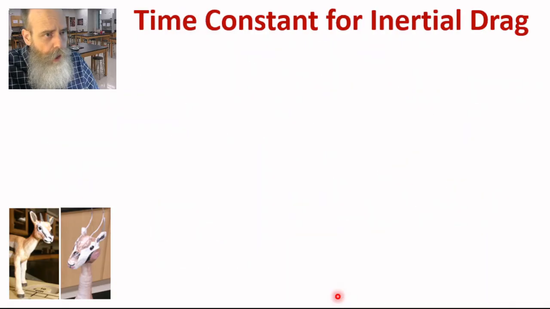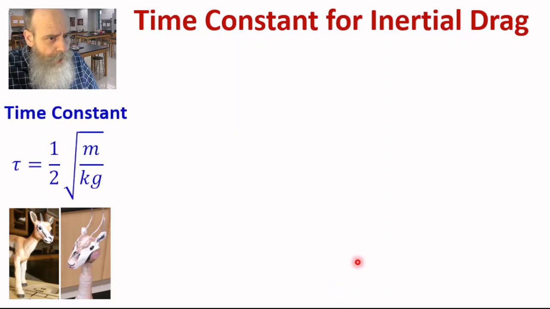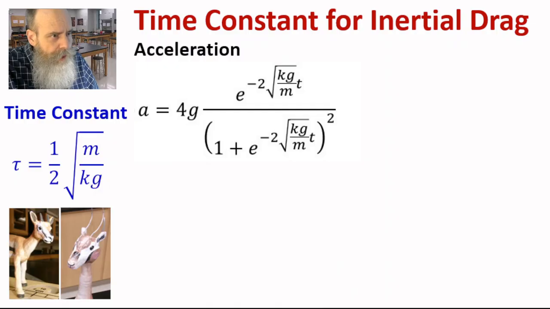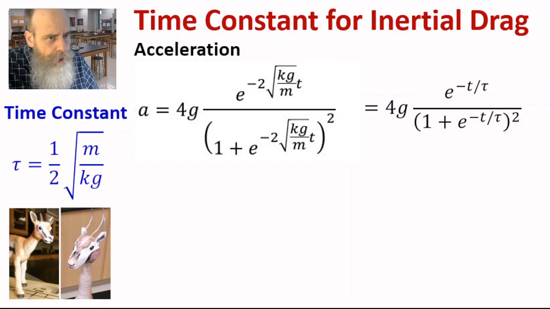Let's look at the time constant for inertial drag. The time constant is this. This is our expression for acceleration. Now put in tau equals 1/2 square root m over kg into this expression, and we get this: 4g times e to the negative t over tau times 1 plus e to the negative t over tau, squared.